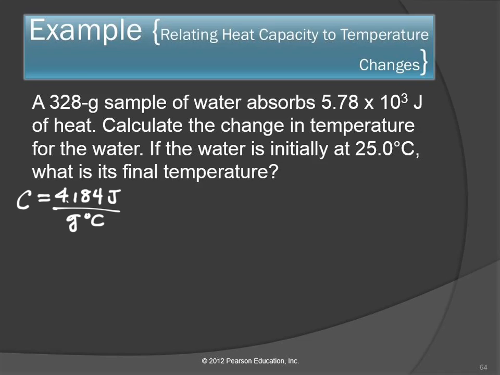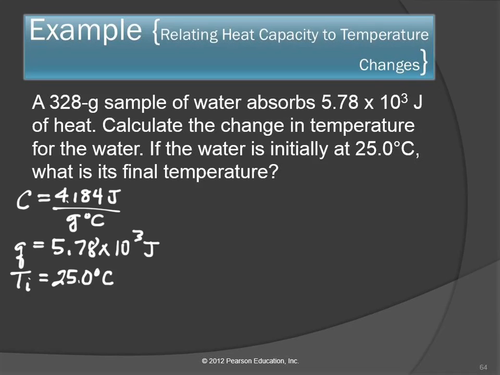That's the Q. So Q equals 5.78 times 10 to the third joules. And the other number we have here is 25 degrees Celsius. And what kind of a temperature is that? Initial. So that's T initial.